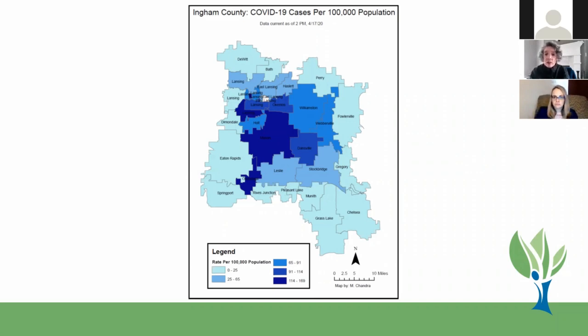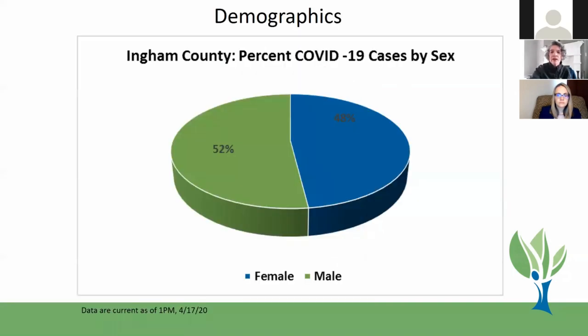And then you see high numbers also in 910, and 48823 is the next shading of numbers. So that's what a rate map would look like. We'd like our numbers to be higher in order to truly be confident in rates, but we don't really want our numbers to be higher in terms of the number of sick people we have in Ingham County. So it's always important to have that perspective on it.